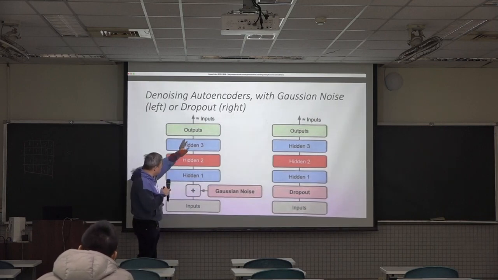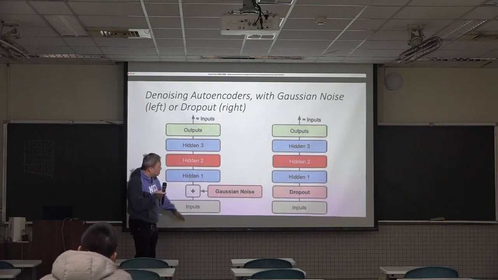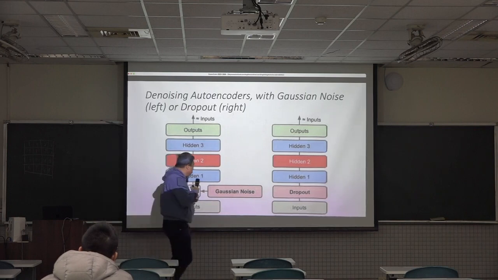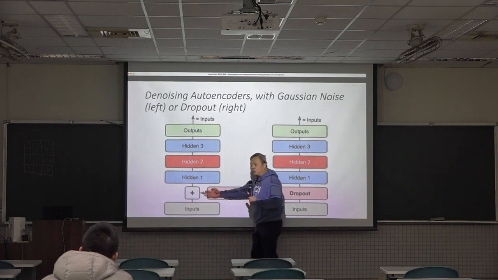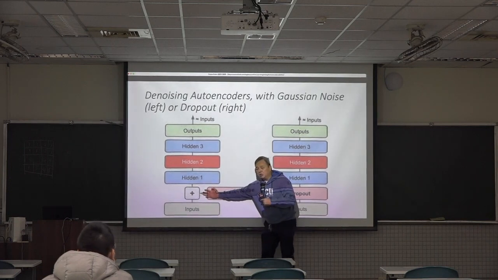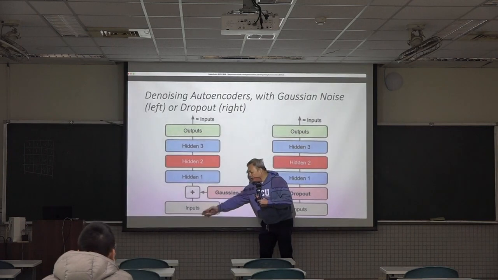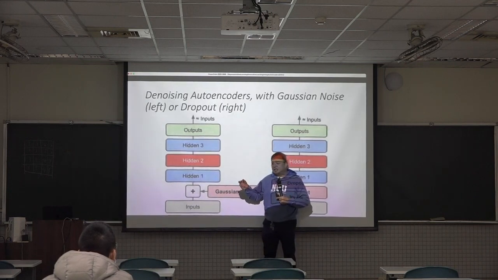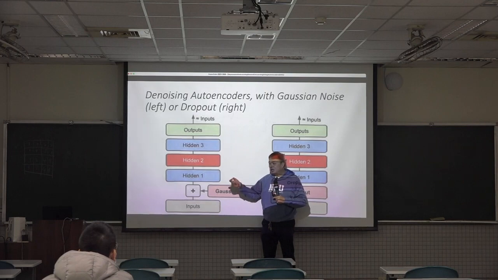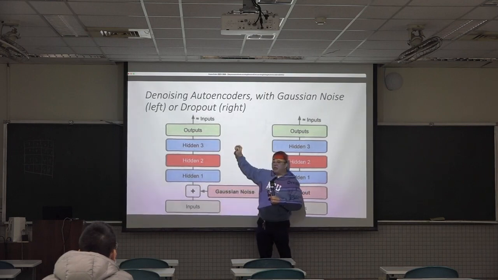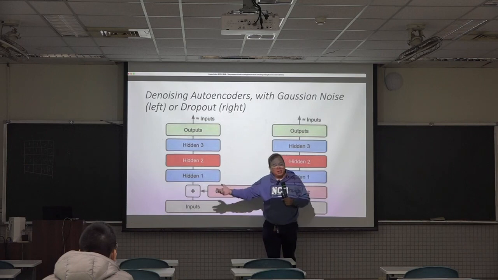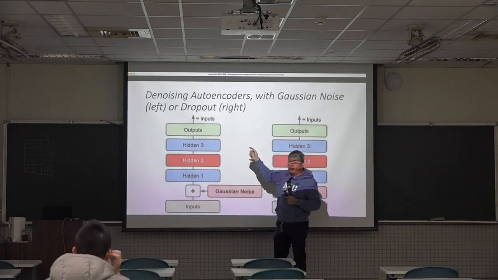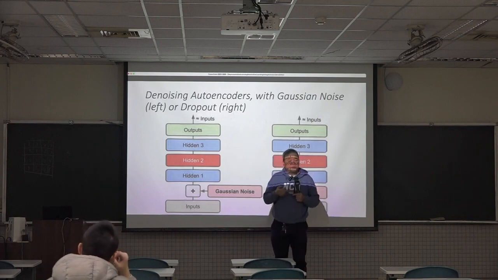When you train it, you do this, and after you finish training, you no longer add the Gaussian noise. The input will already contain the noise, and your autoencoder will be able to remove that white noise from the background for you and output the noise-free result.